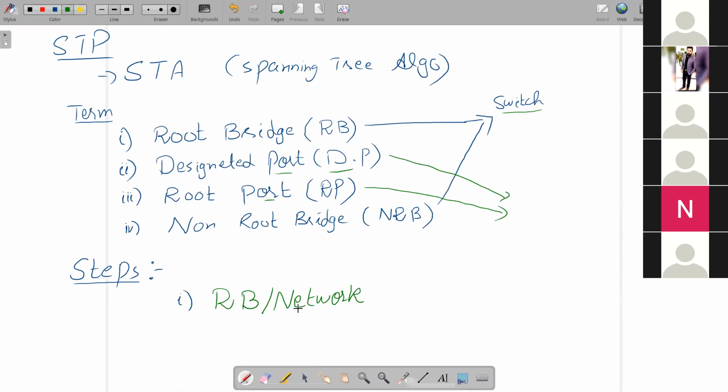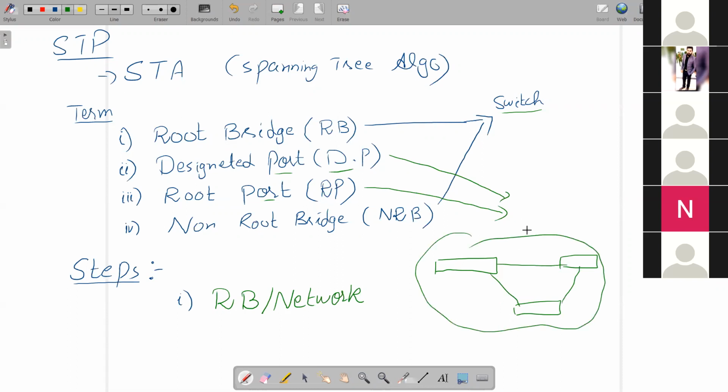That means you need to figure out, if you are having multiple switches in a network, this is the network. For example, this is a network. In this complete network, there should be one root bridge. So you need to figure out who is the root bridge. So find out the root bridge per network. That means if you are having one network, there should be one root bridge. So you need to elect the root bridge first.